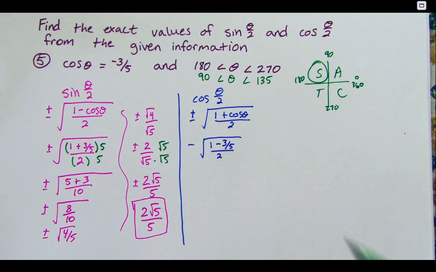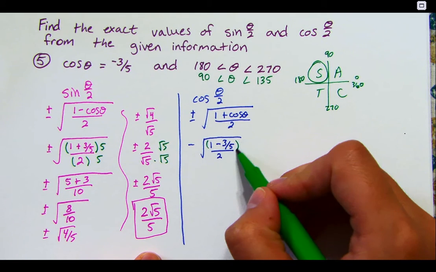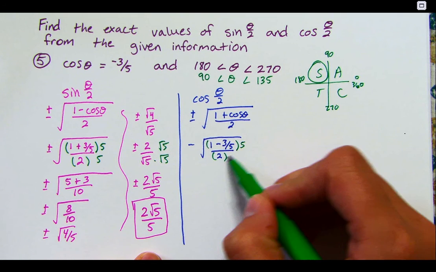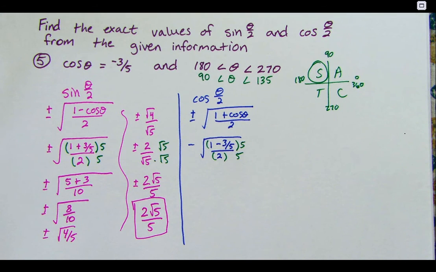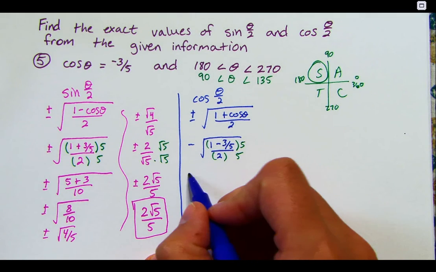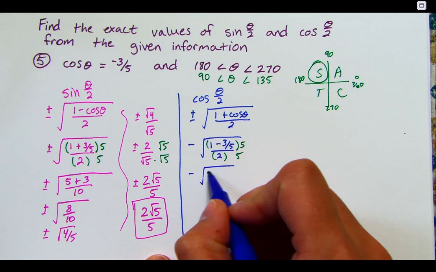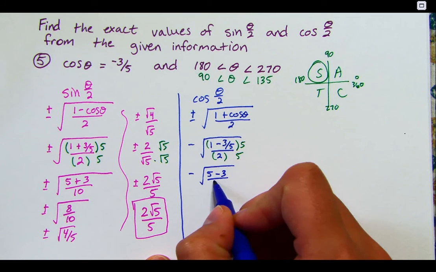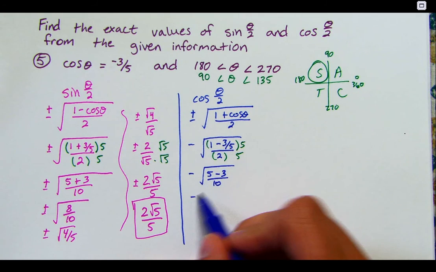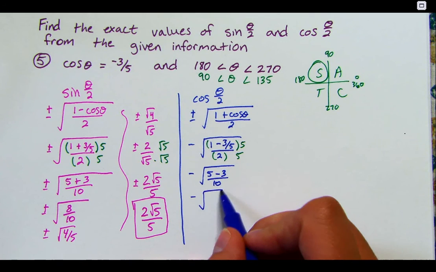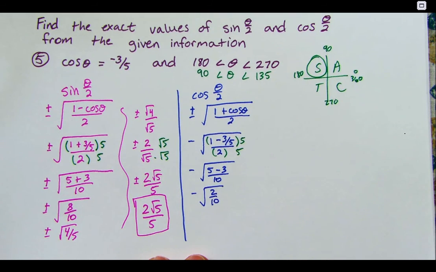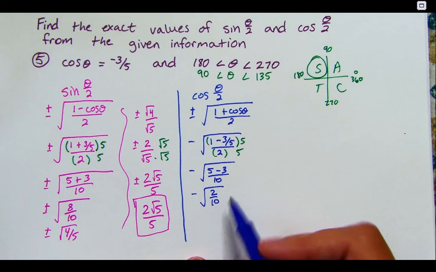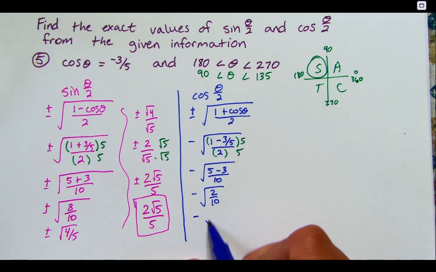And then getting rid of our fractions within fractions, I'm going to multiply everything in the numerator by 5 and in the denominator by 5. So distributing, that will give me 5 minus 3 over 10. And 5 minus 3 is 2. And if we simplify 2 over 10, that is going to be 1/5.